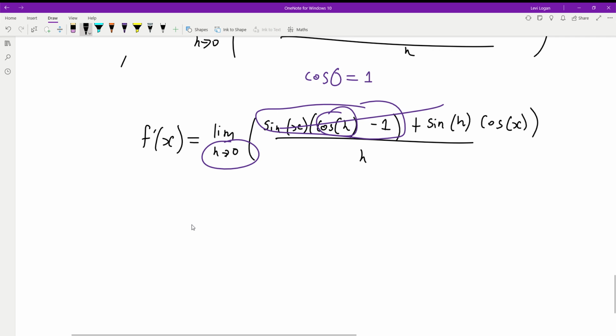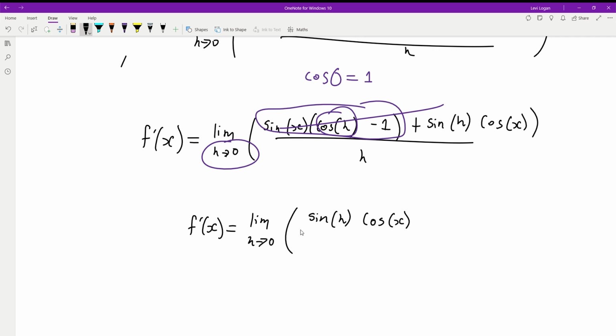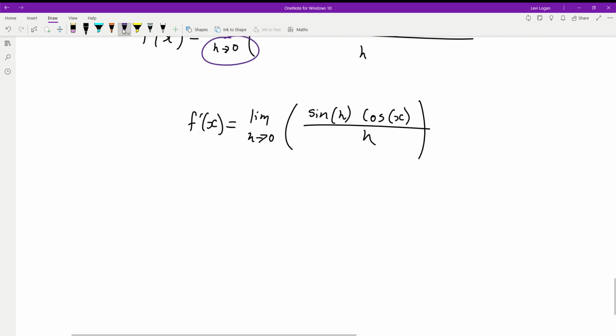So in other words, I can just rewrite this. The limit as h goes to 0, and that term is 0, so all I'm left with is sine of h times cos of x divided by h. Now, I can remove my cos of x because it doesn't have any h's, so the x variable is independent of our limit.